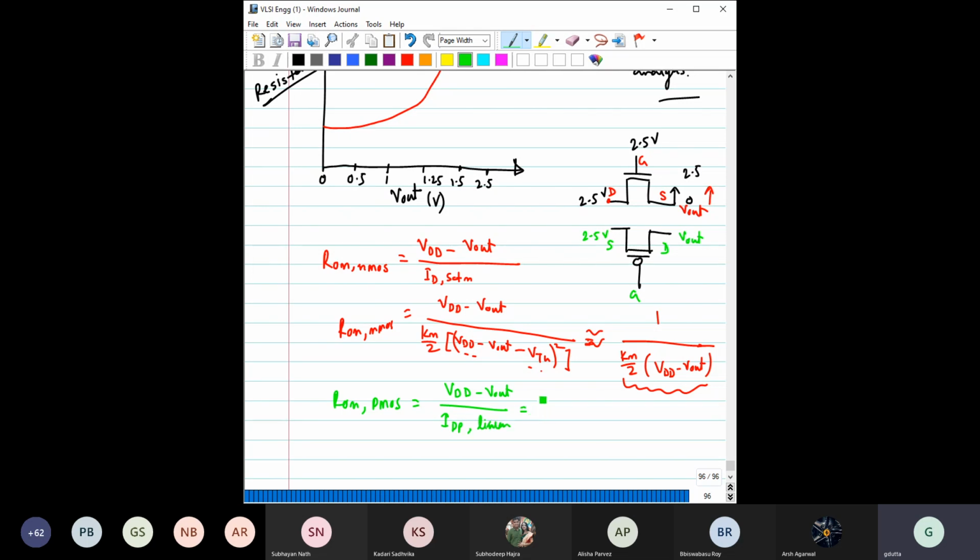So you can write that part. It is VDD minus V out. It is KP, then you have V of SG, right?